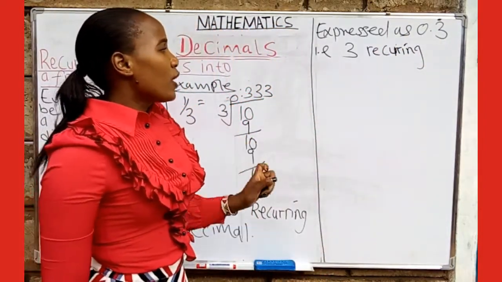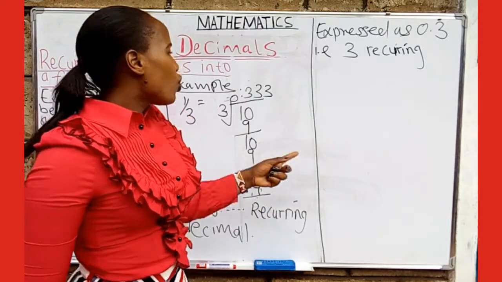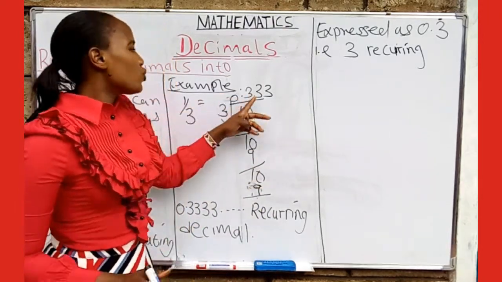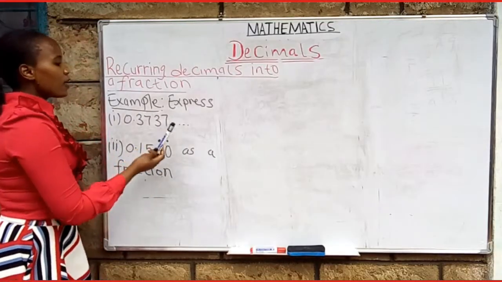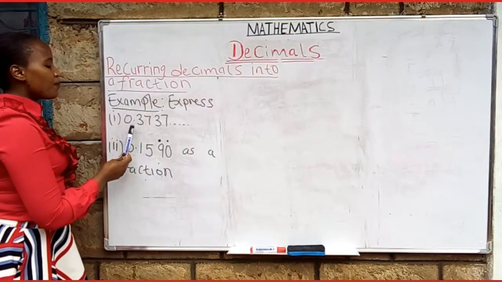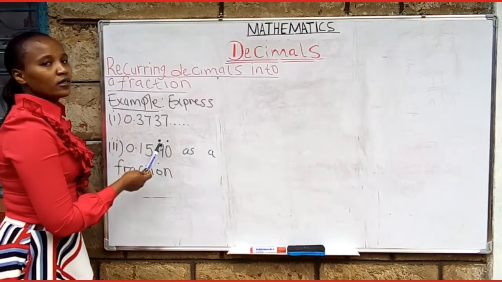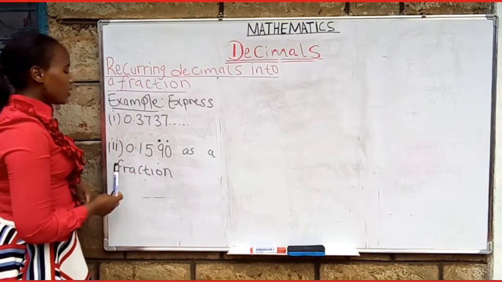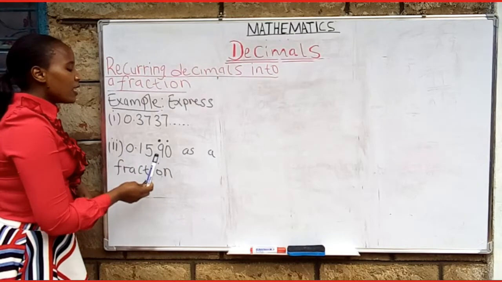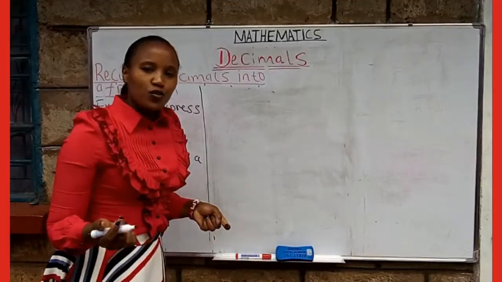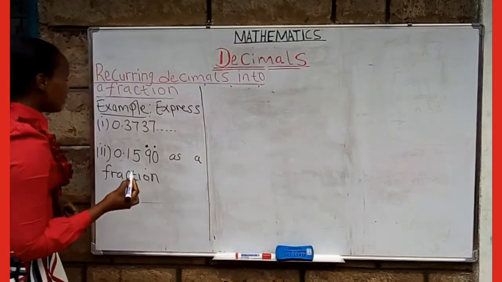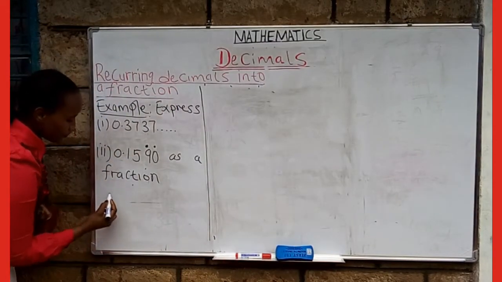So in this topic, we are now going to convert recurring decimals into a fraction. In this example, we are told to express 0.3737 recurring and 0.1590 recurring as a fraction.